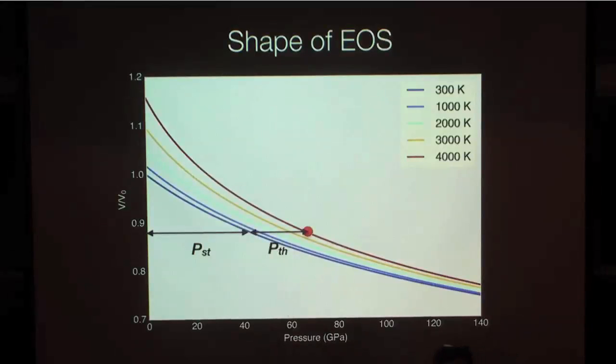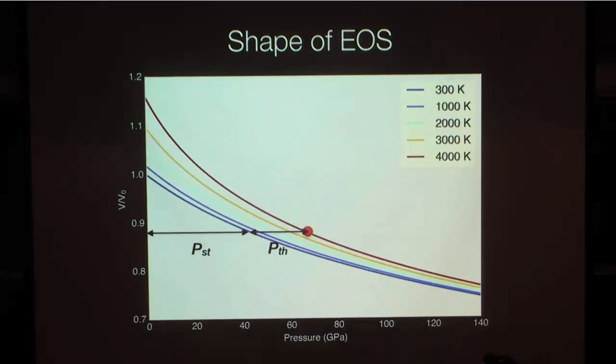The way you add the thermal effect is to maintain the same volume, constant volume. Volume doesn't change along this line. The only thing that changes is the temperature, which converts into the pressure effect. Following me? So now you can smell why the Grüneisen parameter is important, right? I talked about the Grüneisen parameter being almost like a conversion term from the temperature effect into the pressure effect, right?